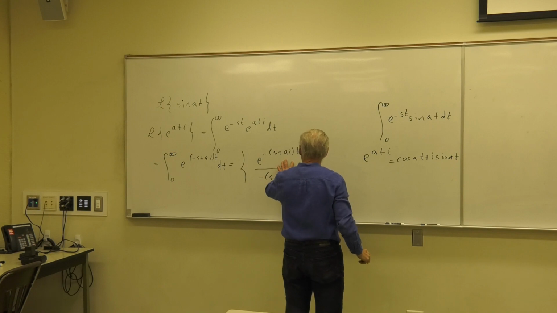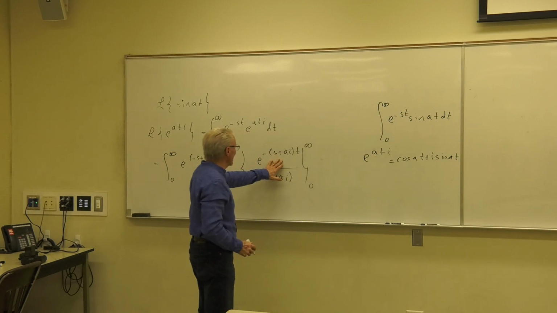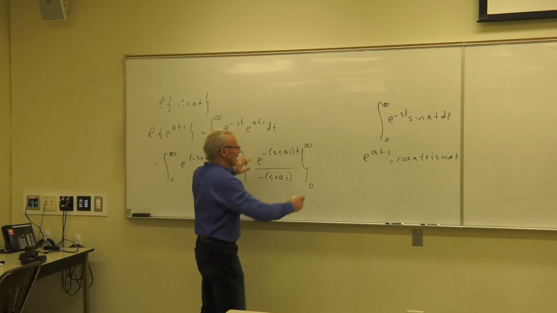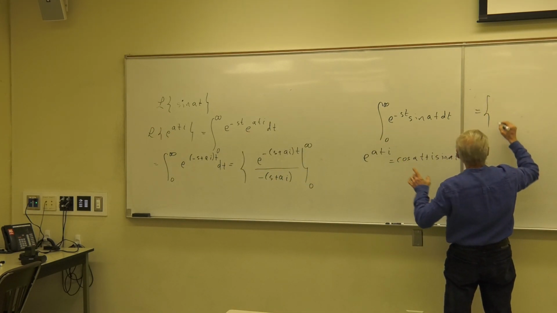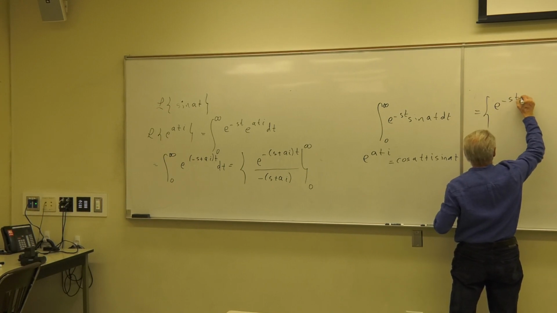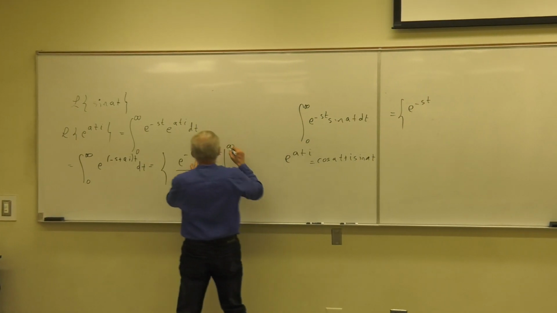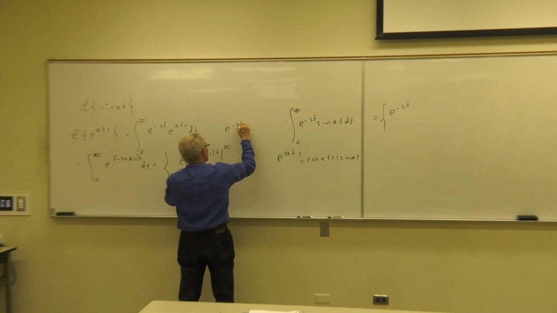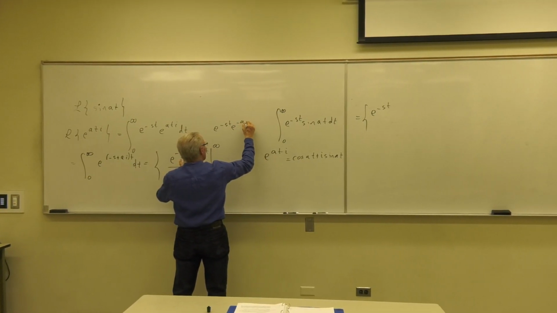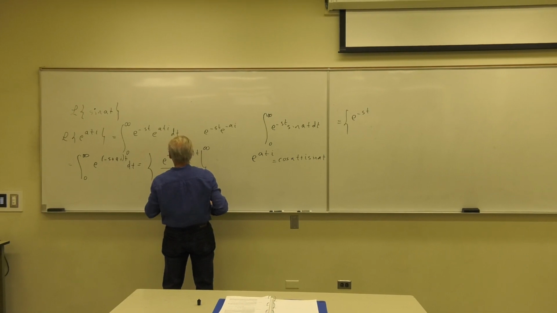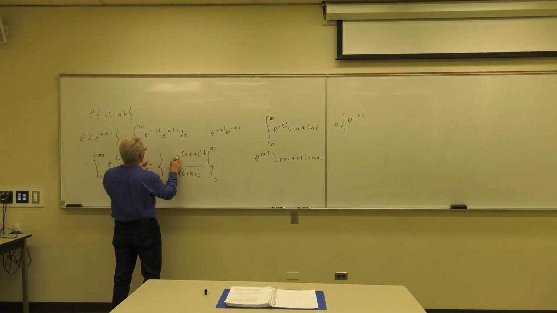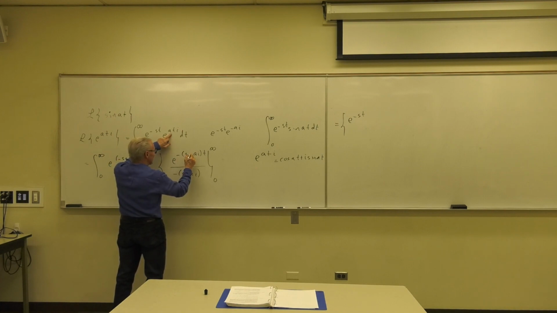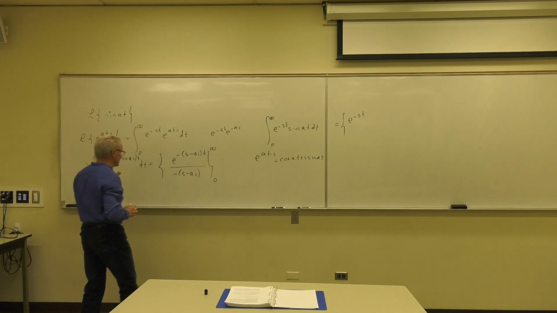So let's rewrite this, break it back down into this and that, and say this is e to the minus st. Right? Thinking of this as e to the minus st, e to the minus ai. Oh, wait a minute. Oops, I made a mistake, right? When I wrote this there, this one should have been a minus. This one, therefore, should be a minus, right?